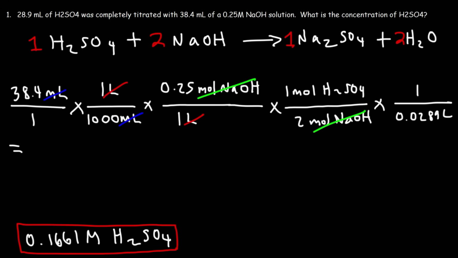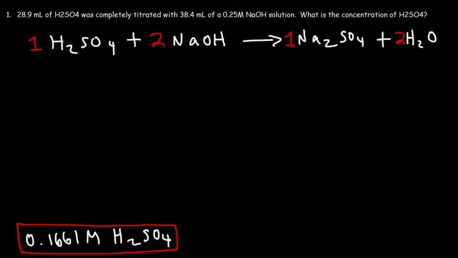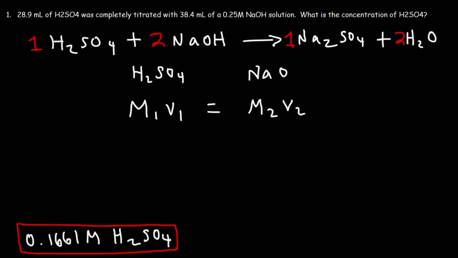Now let's talk about another way in which we can get that same answer. We could use this formula: M1V1 is equal to M2V2, but we're going to need to modify it a bit. So M1V1, let's relate that to H2SO4, and NaOH is going to correspond to M2V2.